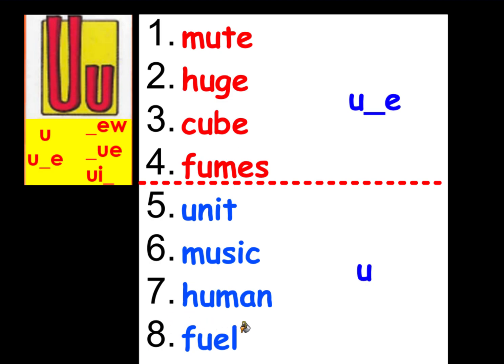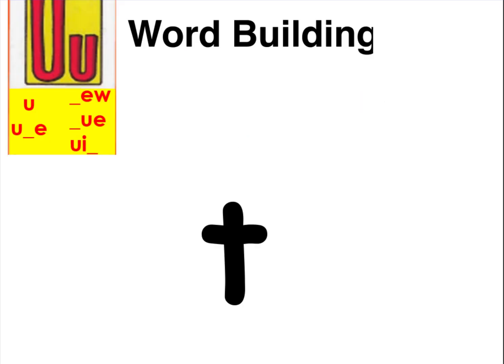UE in the middle. This one's hard. I don't know how you're going to remember that. You're going to have to remember that. This is going to be easier. We are either going to do U consonant E or EW at the end.